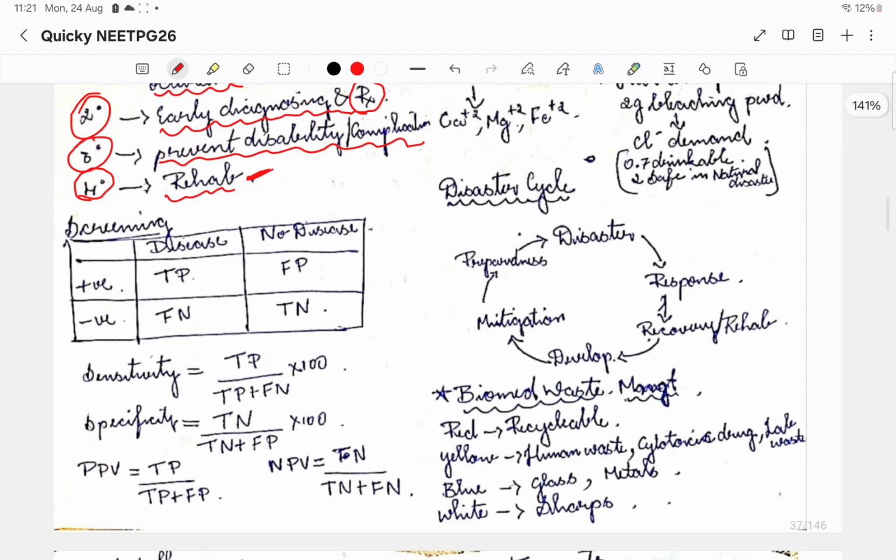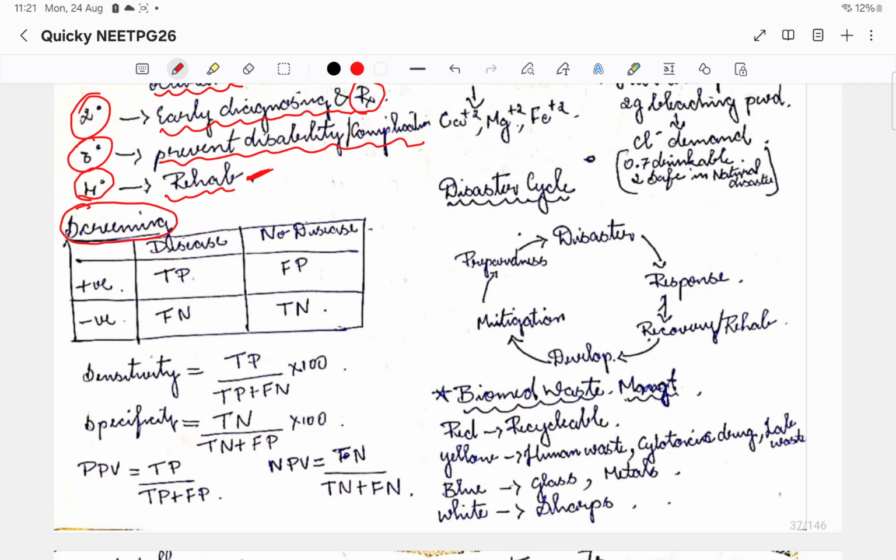So now with respect to infections, there is something called screening, sensitivity, specificity, then positive predictive value and negative predictive value. Okay, so you know that, right? We do screening tests for many diseases. For example, the screening test for TB is the Mantoux test, and when it comes to typhoid, we do the Widal test.